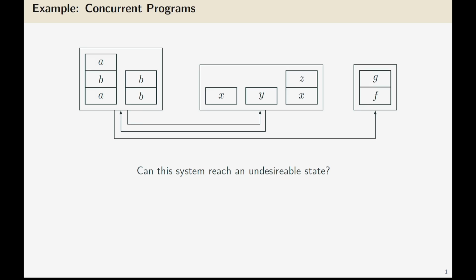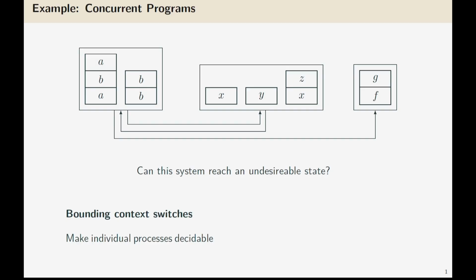So if you just look at this, you might see immediately that this is undecidable in its full generality. Because even if you just had a single program with two stacks, it could already simulate a Turing machine. So there are a couple of things we can do. First of all, we bound the number of times that any given program by itself can switch between its stacks.